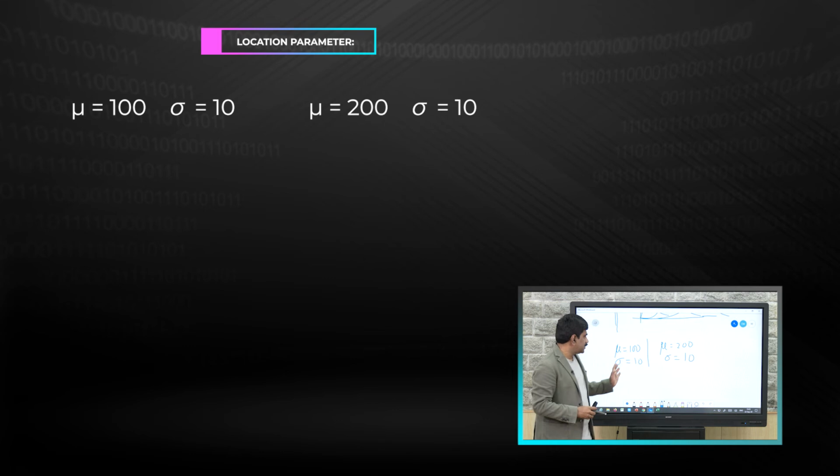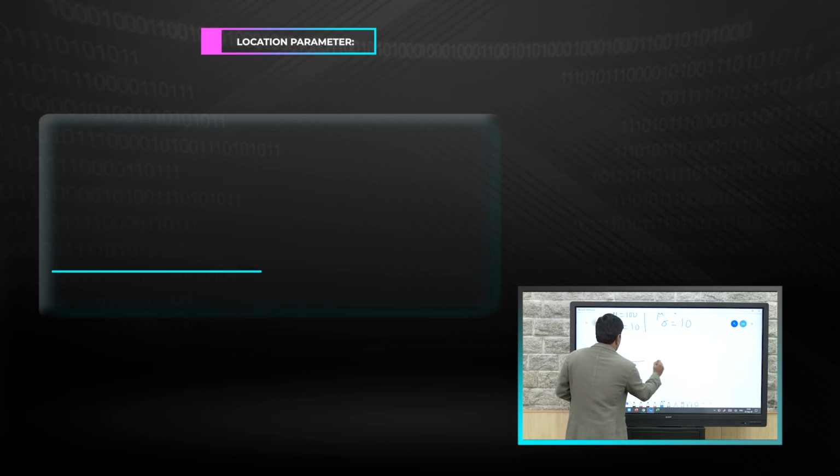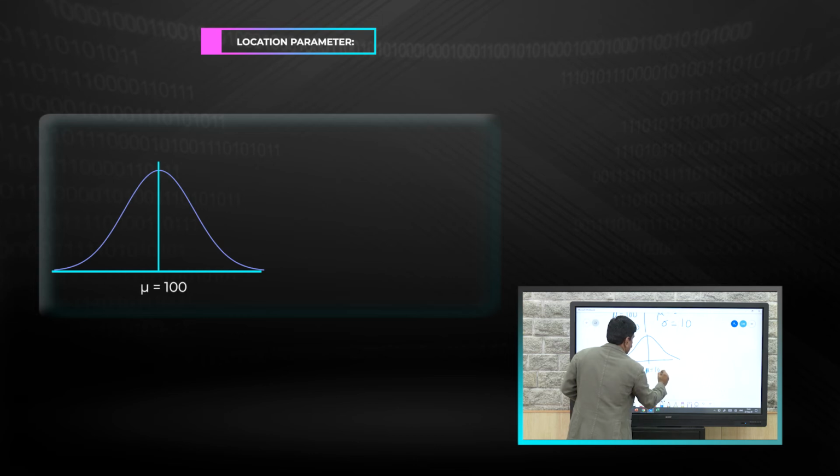If you look at the difference between these two distributions, the shape will be exactly same except for the location on the horizontal axis. That is, if we draw these two distributions, we will have one distribution like this, where the mu is 100.